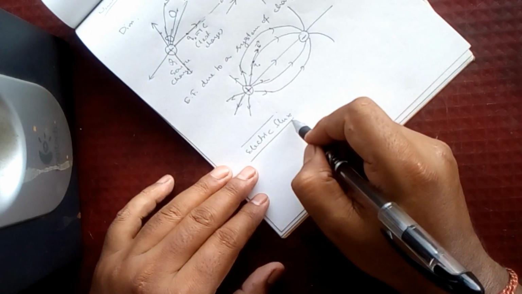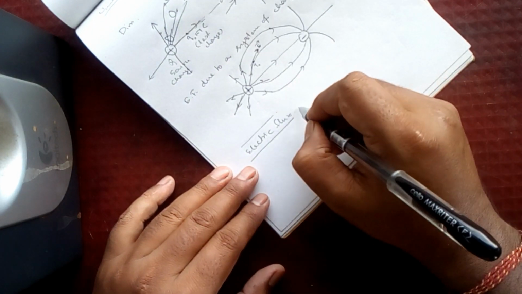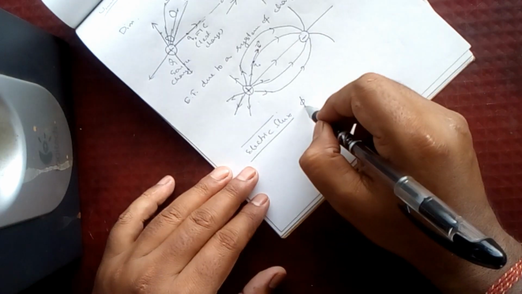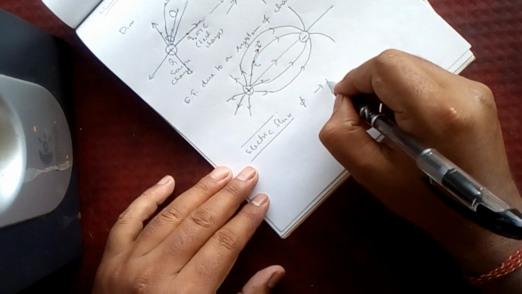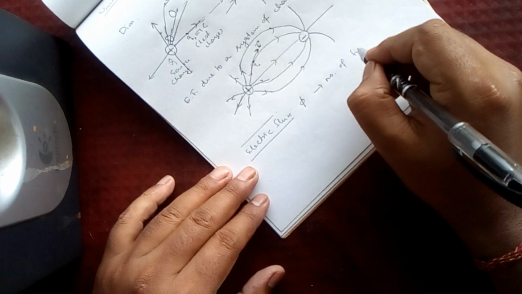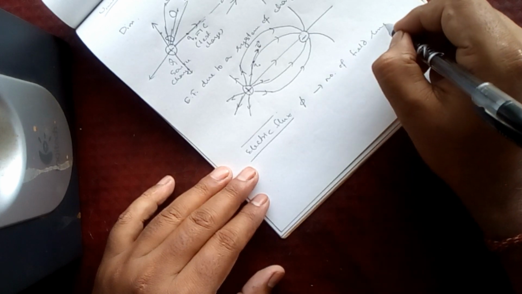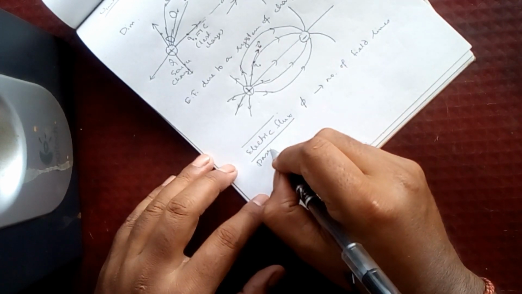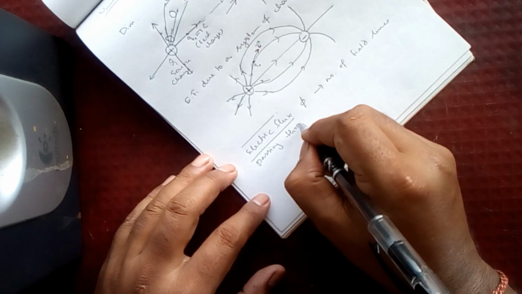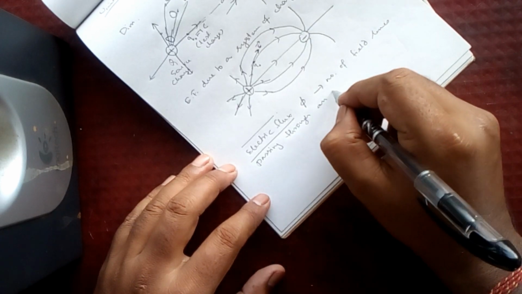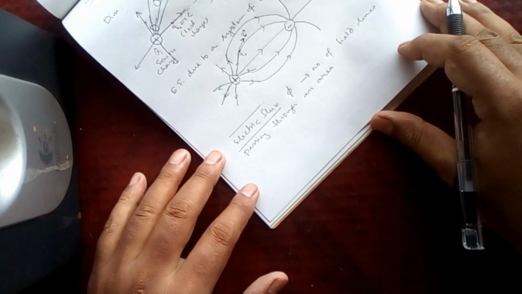Now electric flux is a physical quantity represented by phi, which gives the number of field lines passing through an area. So the definition is like this.